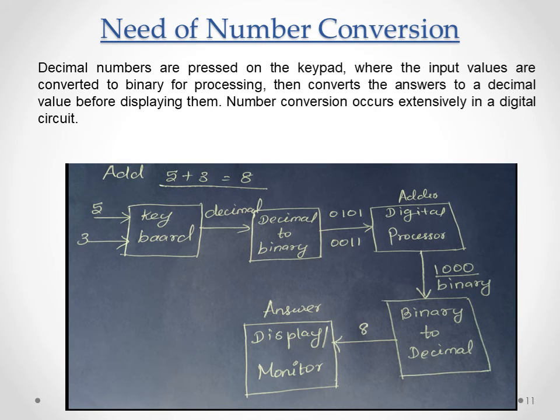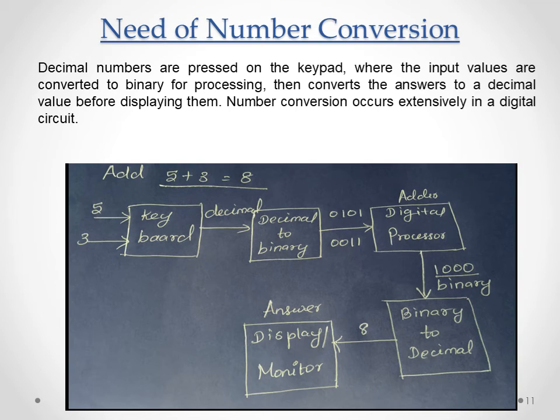The need for number conversion systems. Normally, we are using decimal number systems in our computer keyboards, mobile phones, calculators, or any other electronic devices. So now I want to add 5 plus 3.